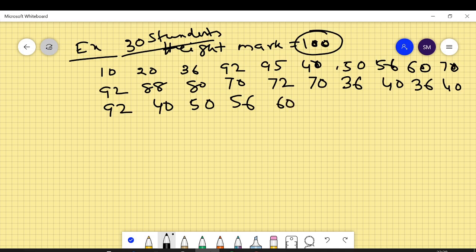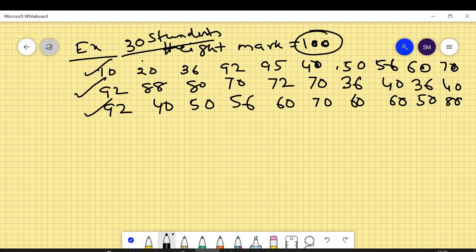The difference between the highest and lowest is the range of the given data. How many students are there? 1, 2, 3 up to 10, then 20, 30. There are 30 students who scored these marks in a math test.